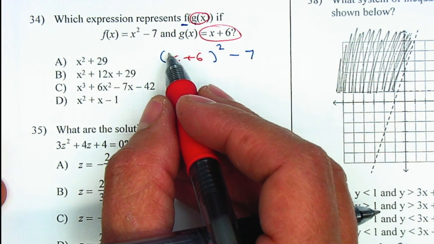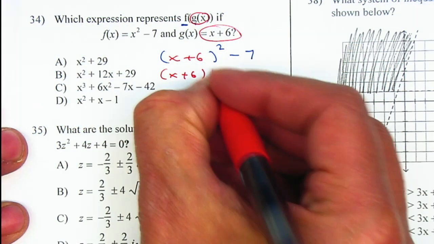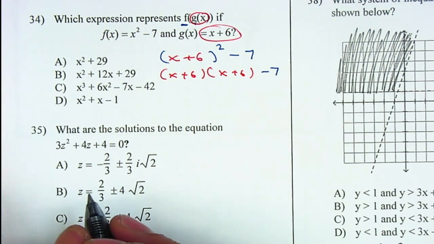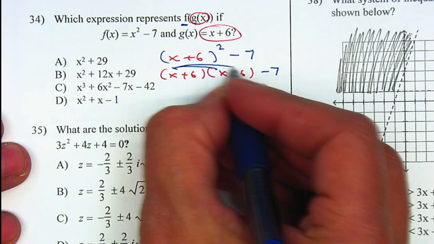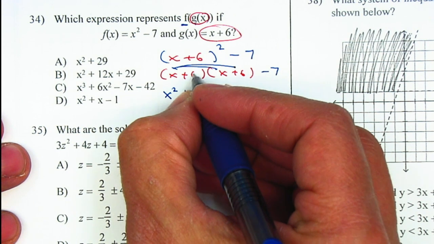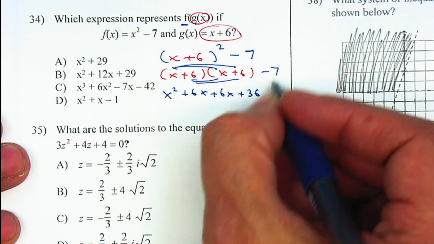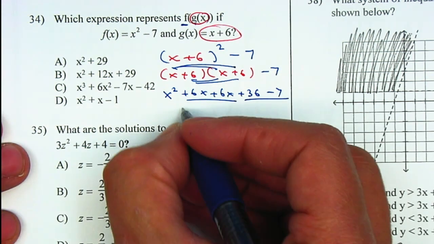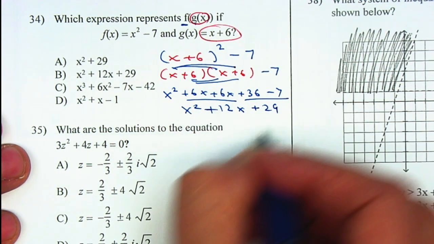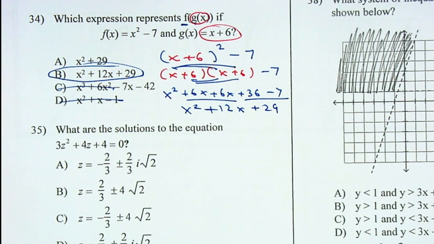Do not give me x squared plus 36. This is x plus 6, x plus 6, then we have a minus 7. Distributive property gives me x squared plus 6x, plus 6x plus 36, then we have minus 7. Combine like terms: x squared plus 12x plus 29.